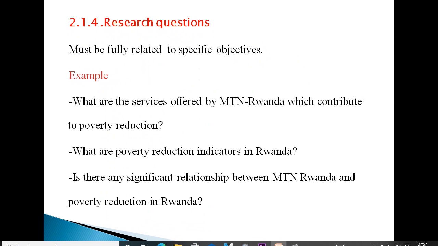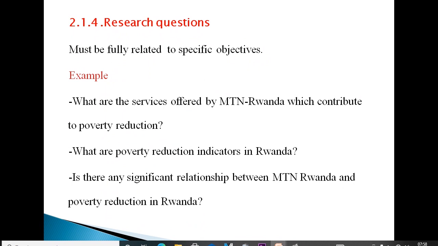For example, the first research objective was to identify the services offered by MTN Rwanda which contribute to poverty reduction. Therefore, the research question must be the following: what are the services offered by MTN Rwanda which contribute to poverty reduction? Number two, the objective of the study was to identify the indicators of poverty reduction in Rwanda.